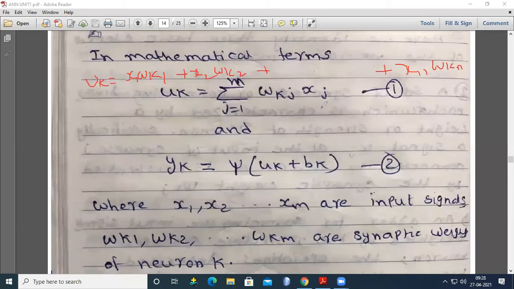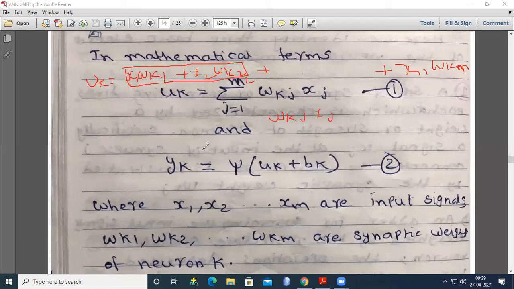We can write that as uk equals sigma j equals 1 to m, where m is the number of inputs, the summation of wkj xj. If j goes from 1 to 2, then we get the summation x1 wk1 plus x2 wk2.